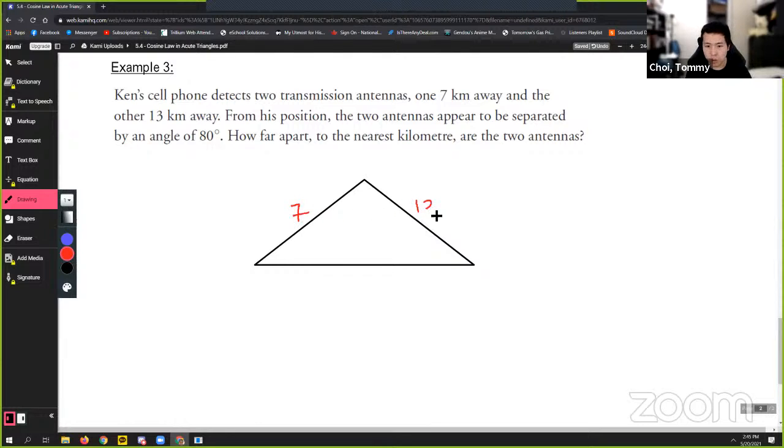So 7, 13, and this angle here says it's 80. From here, you can label your triangle A, B, and C, which means I would be solving for A here. If your triangle looks something like mine, good job. You're good to go and you're ready to solve this problem, which means you're solving for lowercase a here, right?